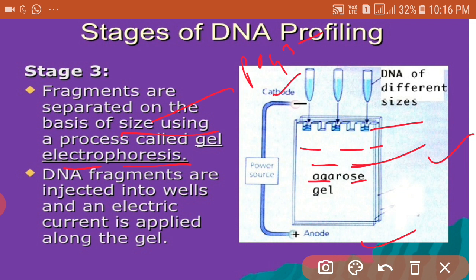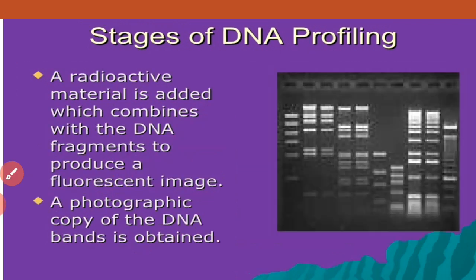The heavier DNA, meaning the fragments with more length or more weight, stay at the back, whereas the smaller fragments move towards the anode. According to the size, the DNA fragments separate as they move in the agarose gel.